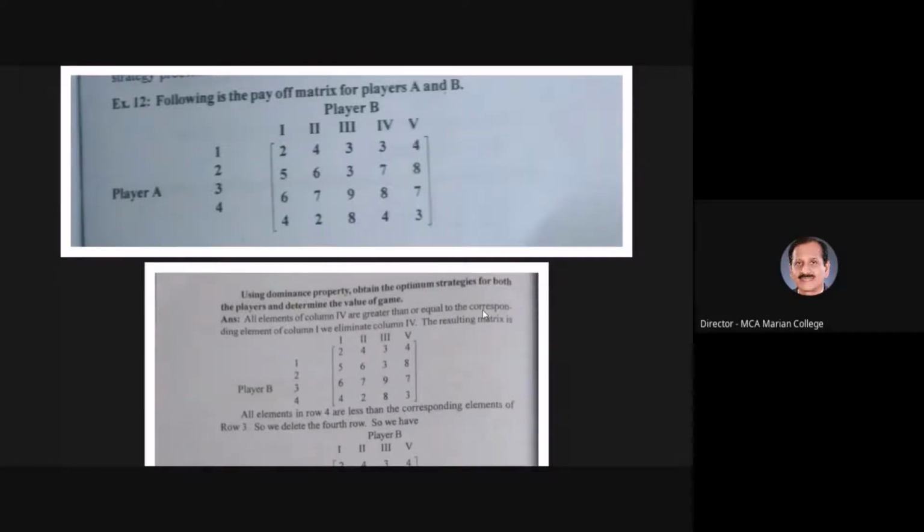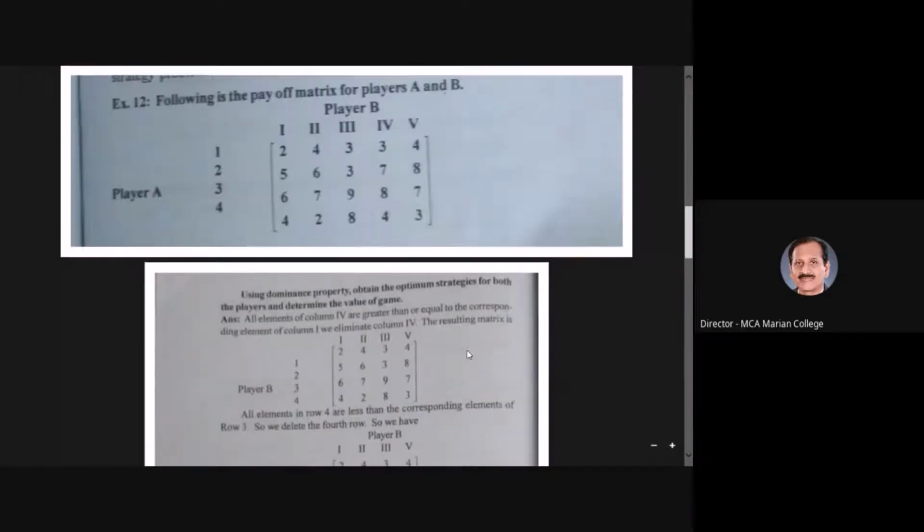This is dominance property. Even if you discard column 4, it will not affect the solution, because all the values of column 1 are less than or equal to the corresponding values of column 4. That is the first case.